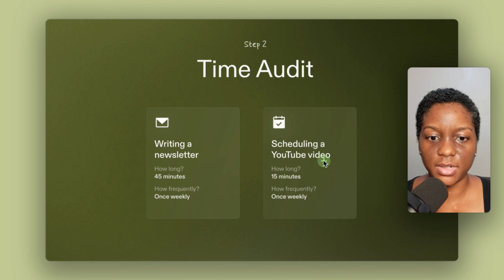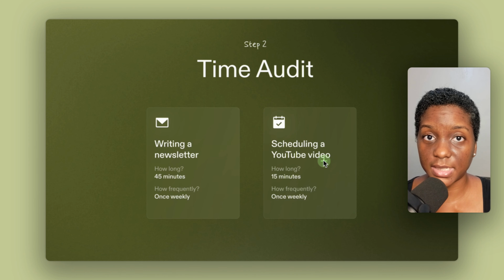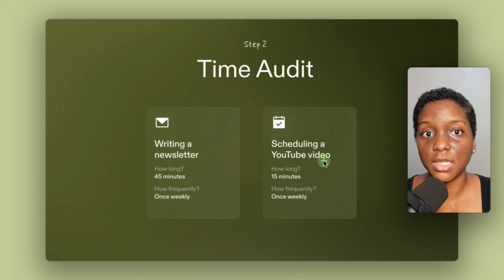When you have done this time audit, you have a very good idea of how long each of these tasks take. If you're going to be delegating all of your scheduling tasks to a virtual assistant, then when you see everything tallied up for your time audit, you're going to know exactly how many hours you want to hire help in this particular role for.